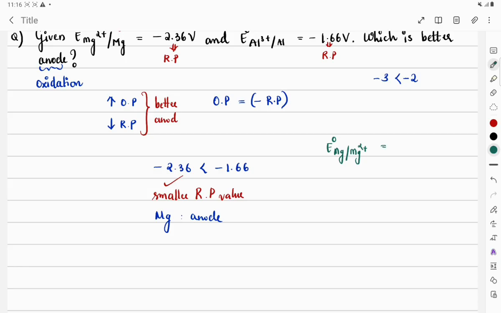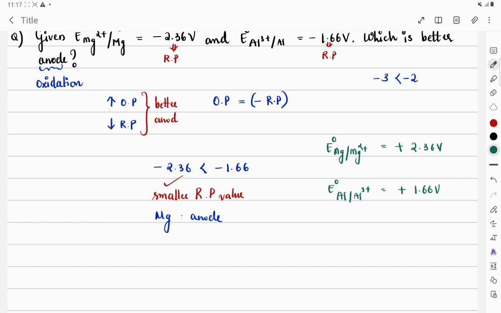This will be just the opposite of the reduction potential, which means just change minus to plus. This will be plus, the magnitude is the same, 2.36 volt. And in case of aluminium, Al to Al3+, that is oxidation, is plus, the same magnitude, 1.66 volt.